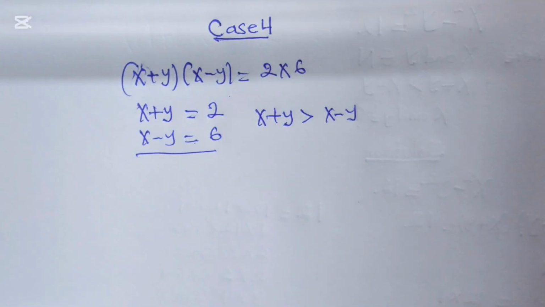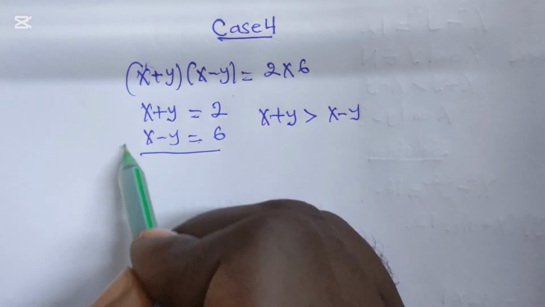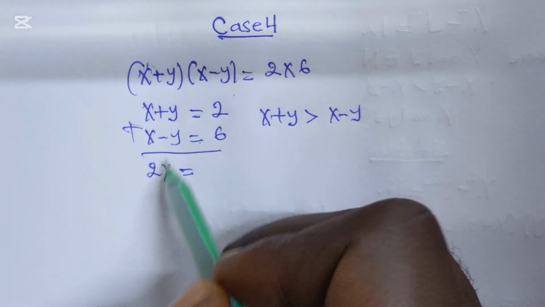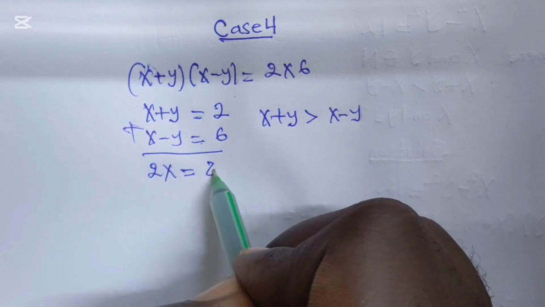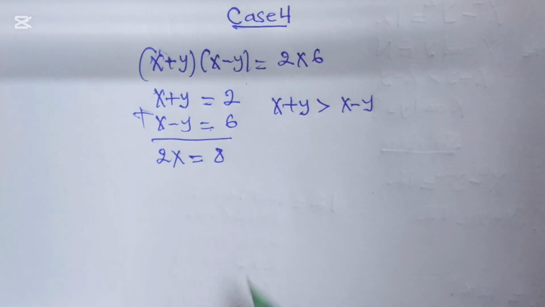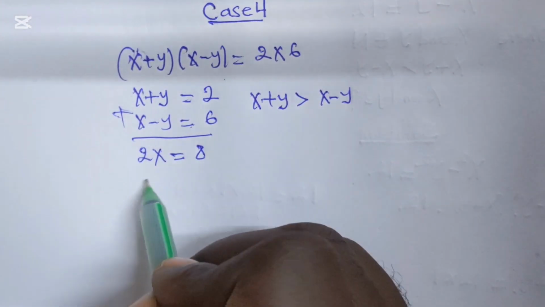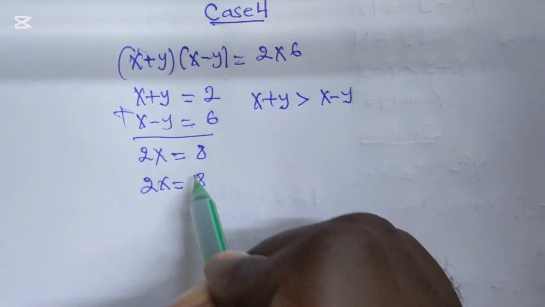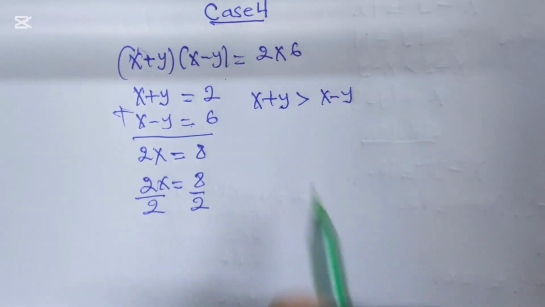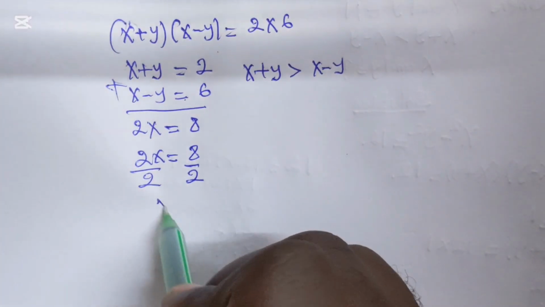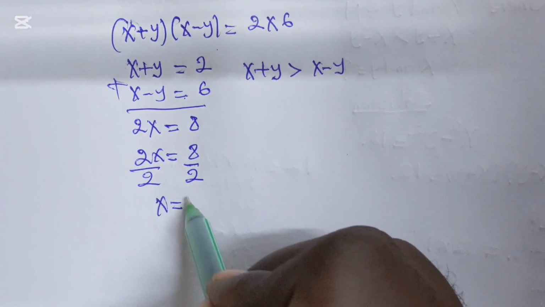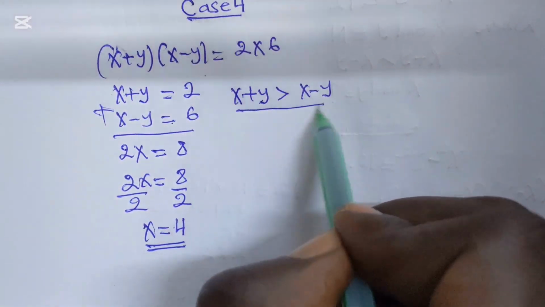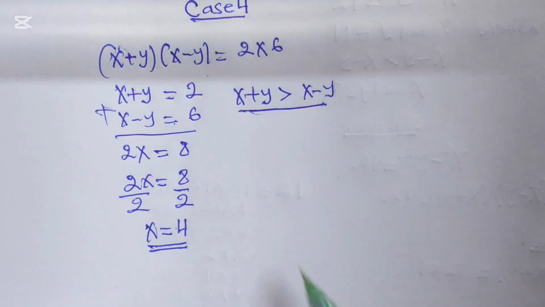By adding, 2x will be equal to 8, then dividing by 2, our x will be equal to 4, but according to the condition, this must be rejected.